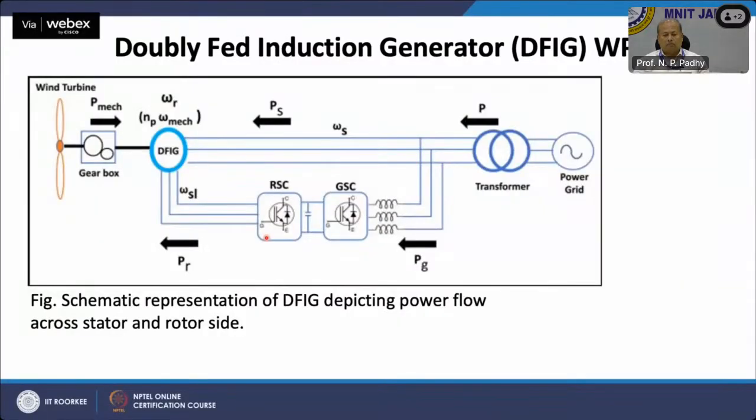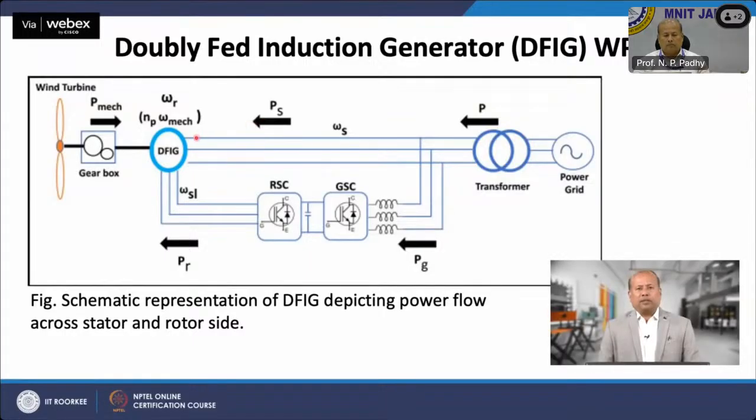Now focusing on the doubly fed induction generator, so called DFIG WPG, the schematic representation of the DFIG wind system along with the power flow is shown in this slide. As the name suggests, the doubly fed induction generator is capable of feeding or absorbing power in two directions.